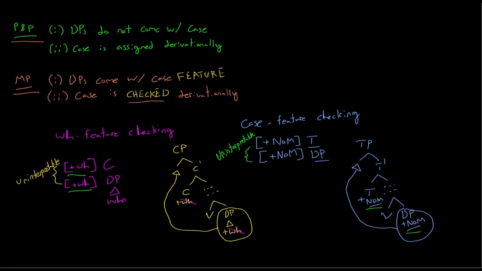So the idea is these uninterpretable features, and particularly their elimination by this specifier head configuration, by movement of the determiner phrase in each case to the specifier position, in the case of WH movement to the specifier of CP, and in the case of case feature checking to the specifier of TP, both of these movements are driven by the same sort of phenomenon. It's this elimination of uninterpretable features.